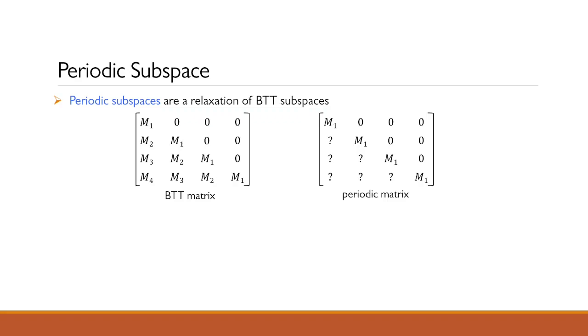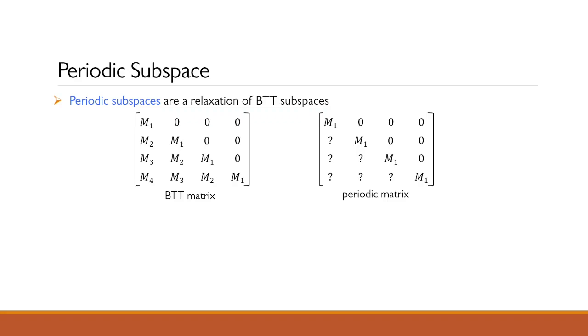So for a periodic matrix, we no longer require the blocks on the same diagonal to be the same, but only require the blocks on the main diagonal to be the same. Those blocks below the main diagonal can be anything, as shown in this picture. So these are the definitions of periodic matrices and periodic subspaces.